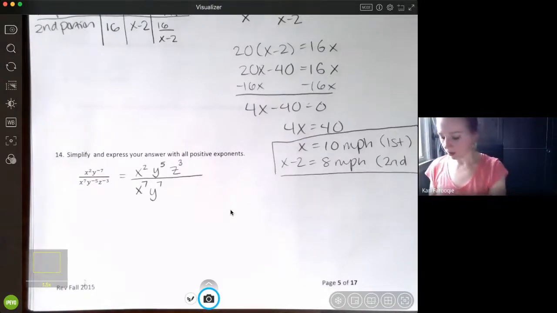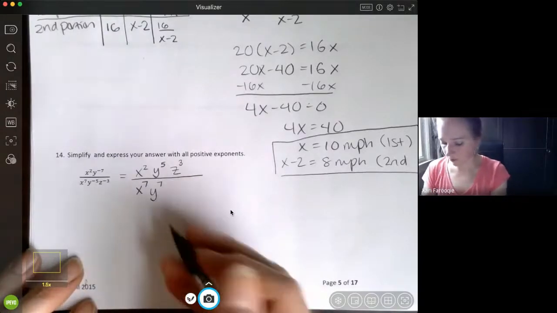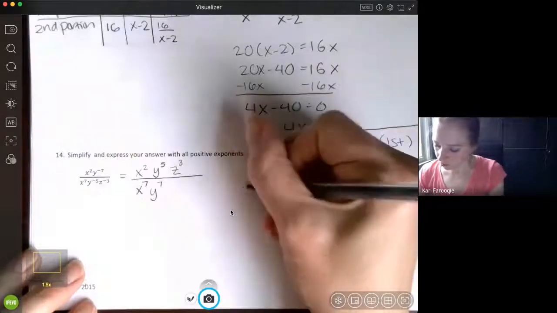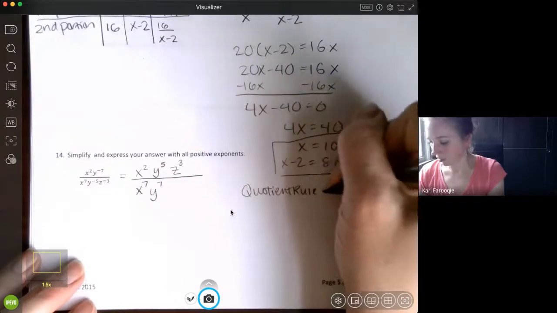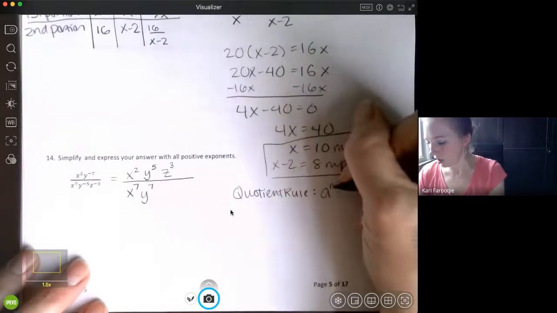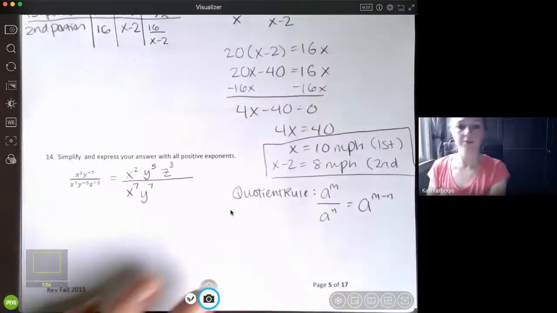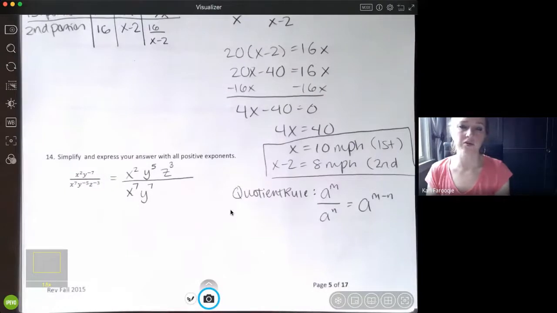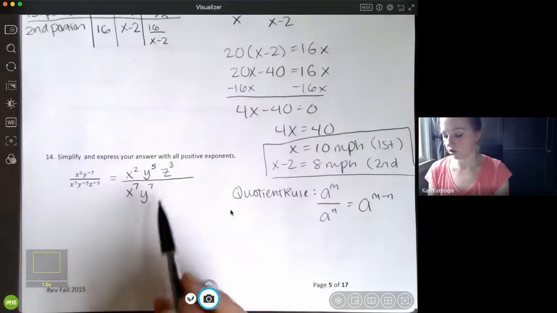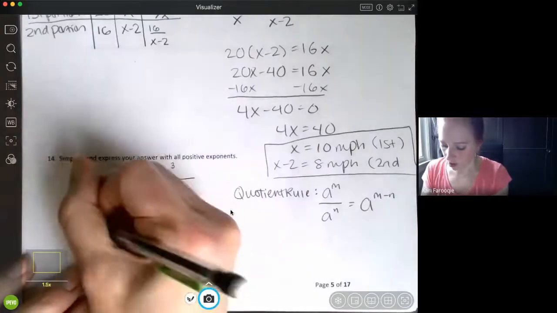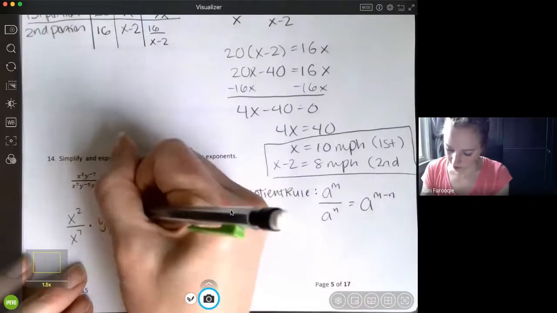Okay. Now, a couple different ways of doing this. Essentially what you're doing is using the quotient rule for exponents. This says that if you have a to the m over a to the n, you have a to the m minus n. So we'll subtract the exponents and just keep the base. And we can do that with all three of these expressions. Really, I guess the cube doesn't need to change. But if you wanted to apply this rule directly, you could think about just splitting this into 3 fractions.